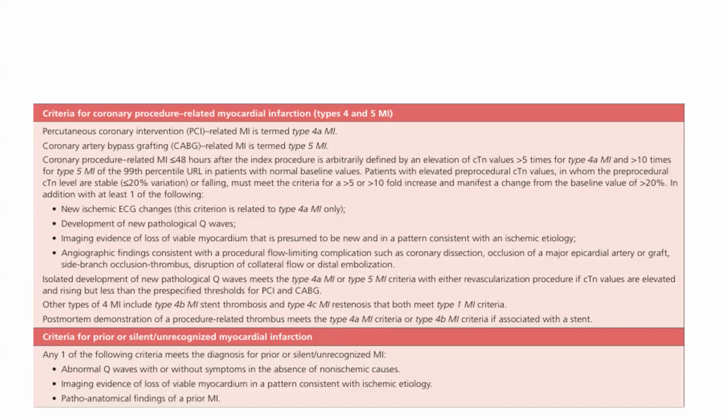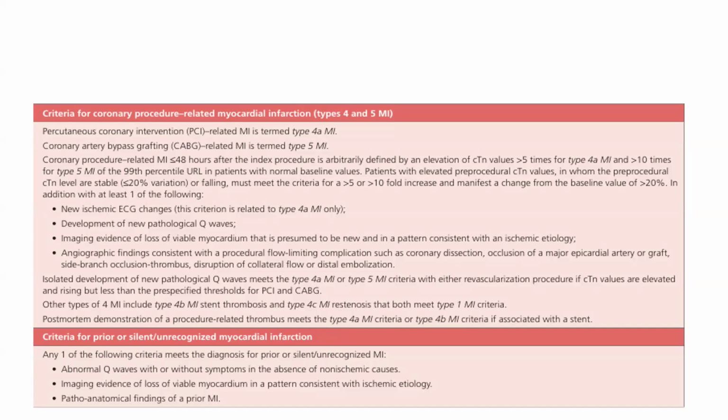In addition, with at least one of the following: new ischemic ECG changes, development of new pathological Q waves, imaging evidence of loss of viable myocardium that is presumed to be new, in a pattern consistent with ischemic etiology, or angiographic findings consisting of procedural flow-limiting complications such as coronary dissection, occlusion of a major epicardial artery or graft, side branch occlusion thrombus, disruption of collateral flow, and distal embolization.